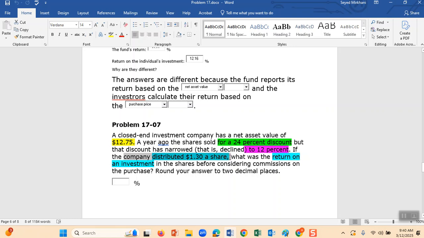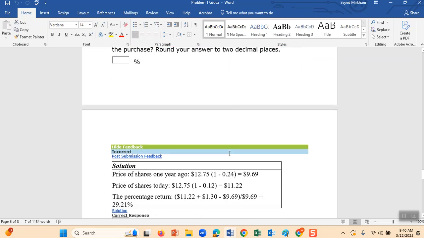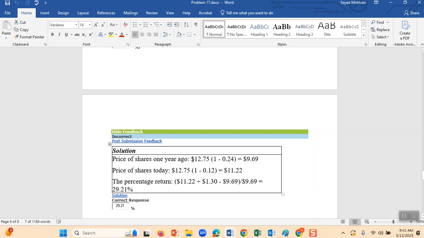Round the answer: what was the return on the investment, before considering the purchase? Okay, what you have done is you come here, the price of the share, and then 1 minus 0.24, this was the discount. Therefore, rather than the share of the company being $12, it was 9.69.